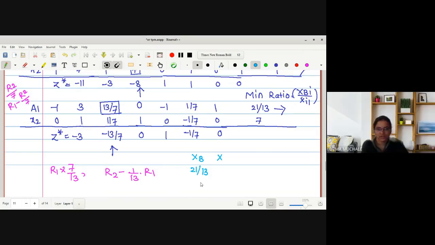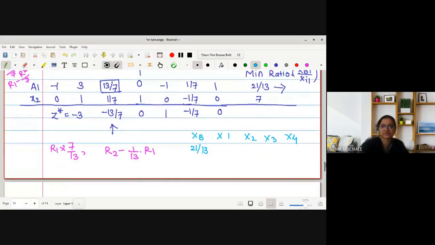Next, here this entry x1, x2, x3, x4. We will not find out for a1, right? Because a1 is now going to leave the basis. Therefore, entries for x1, x2 I will write 1, 0, 0, 1. We have to calculate only for x3, x4. Means these two entries, correct?